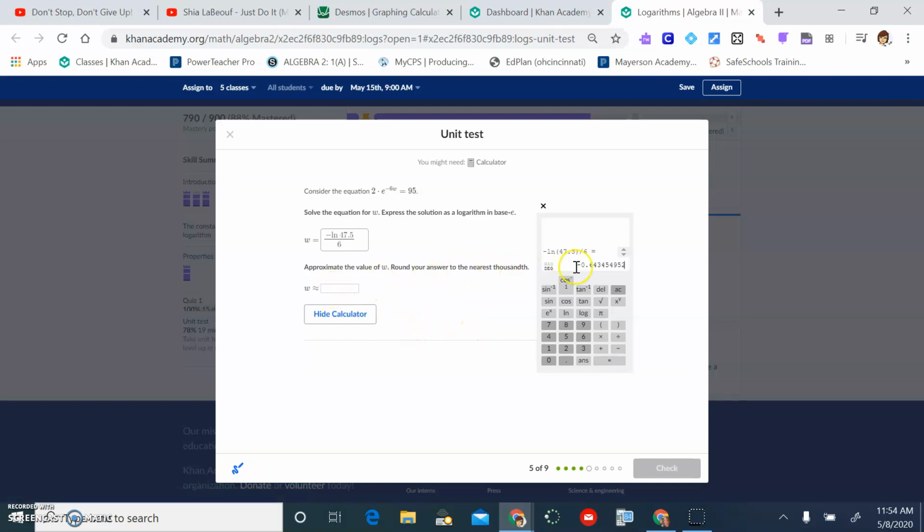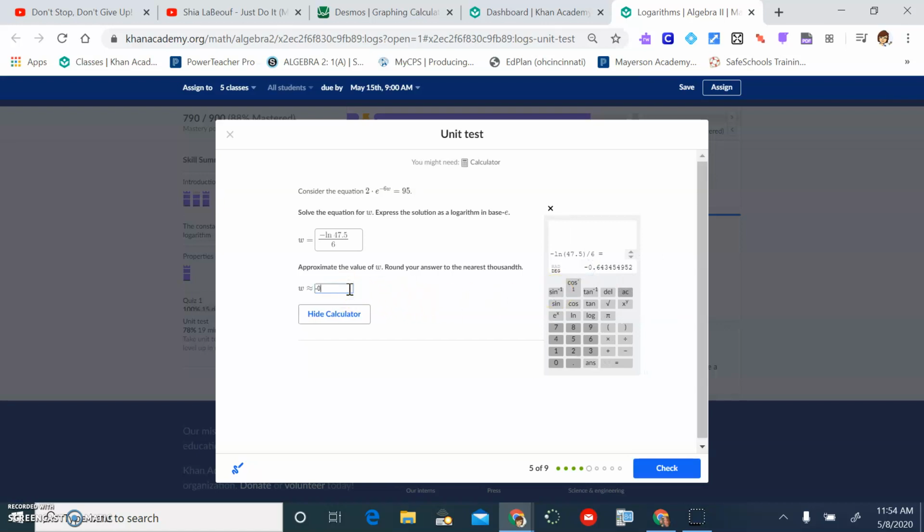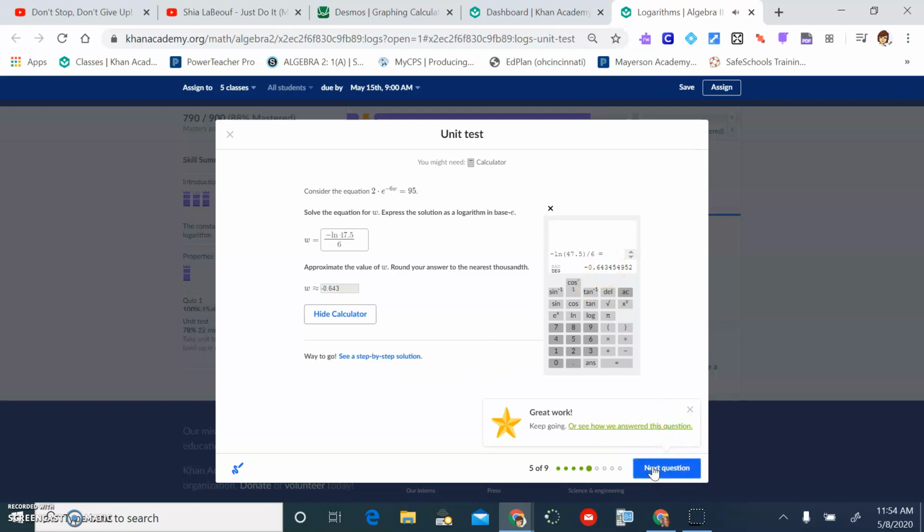It says the nearest thousandth, so 3 places is what I need. So I need negative 0.643, and this 4 tells me that this 3 is going to stay. I'm going to stop here and make another video because this is about to time out. See you in a second.